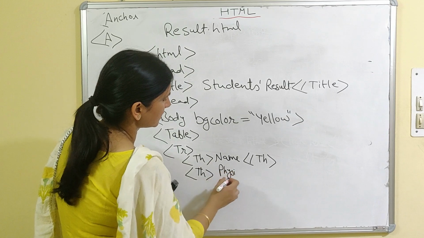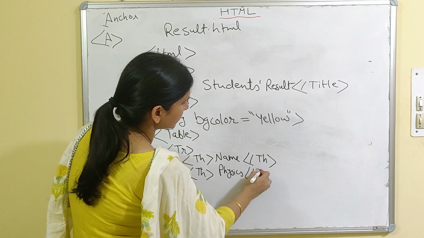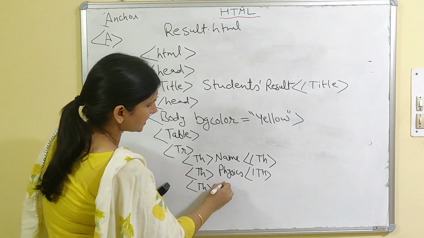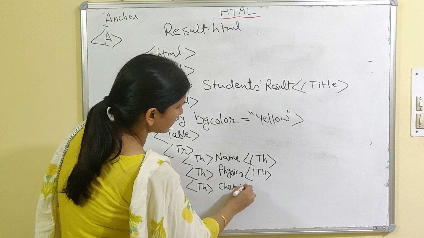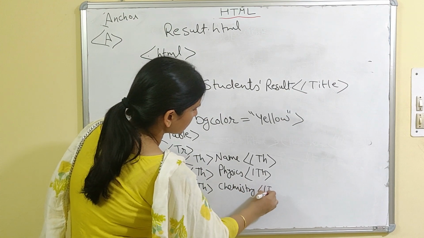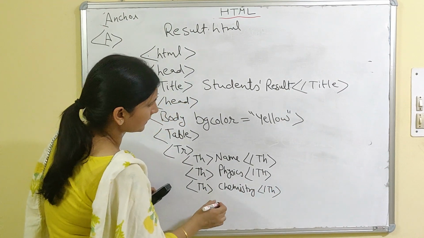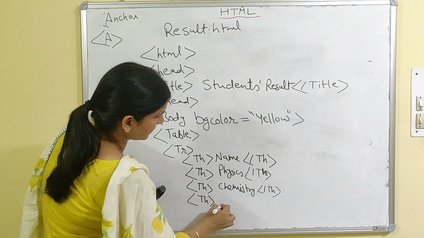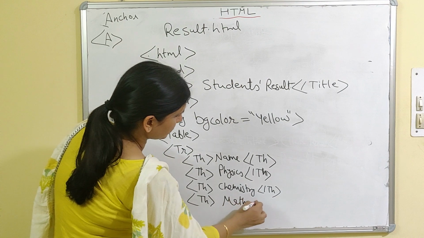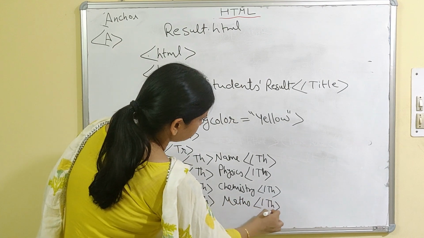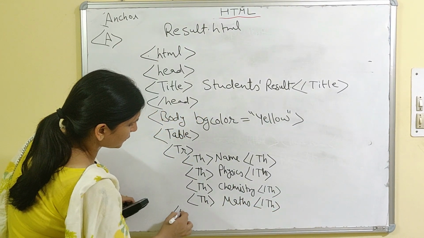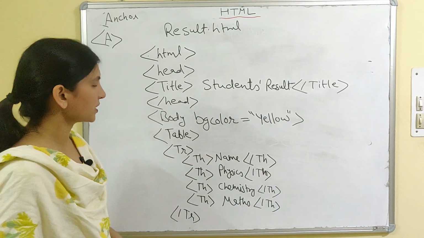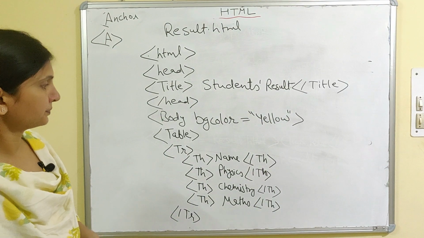These are the heading, physics, TH close, chemistry and maths, TH close, fine. Then first row we have completed. TR, name, physics, chemistry, maths and TR close.